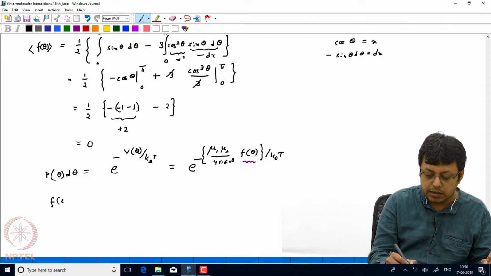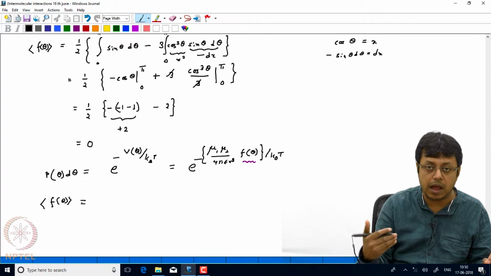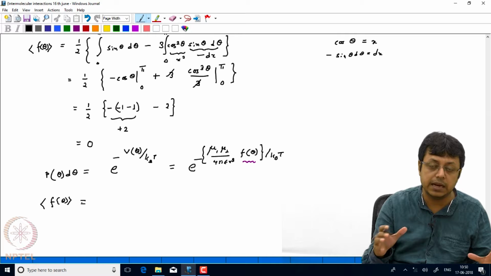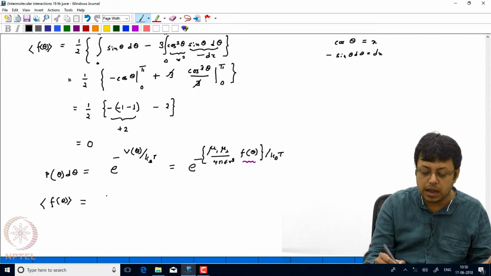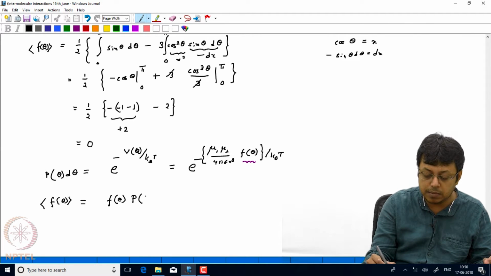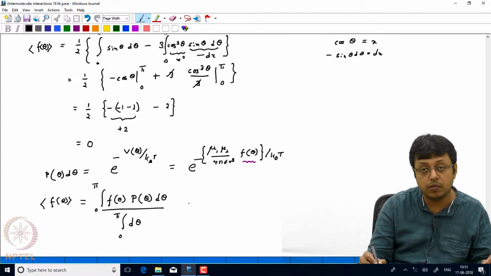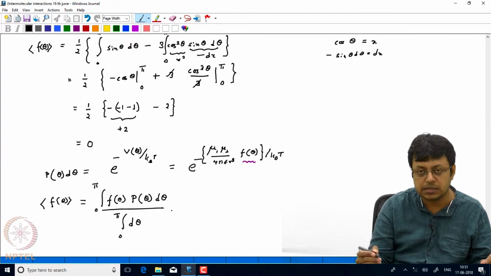If the dipoles actually interact with each other, the average value of this orientation will now have a preferred orientation, because the energy depends on the orientation. All we have to do is take the function whose average we want to calculate, multiply it by the probability distribution, and divide by all possible angles. Because we are trying to keep this as a normalized function, we could have integrated over phi also, but the phi integration will just cancel out.